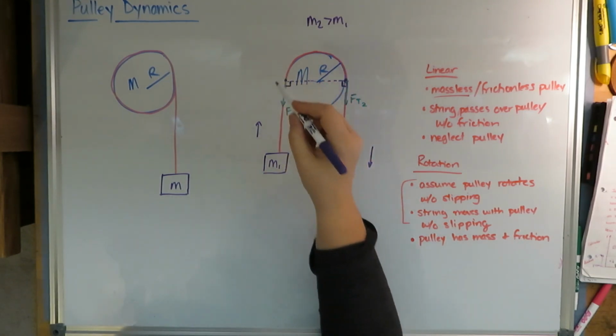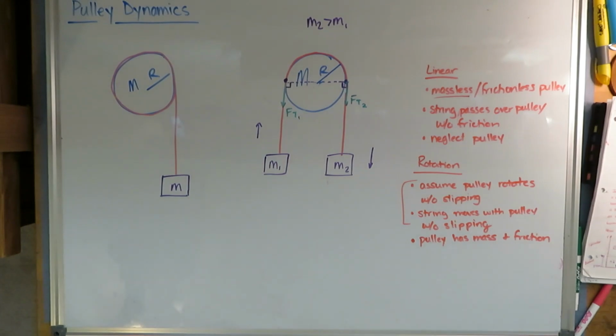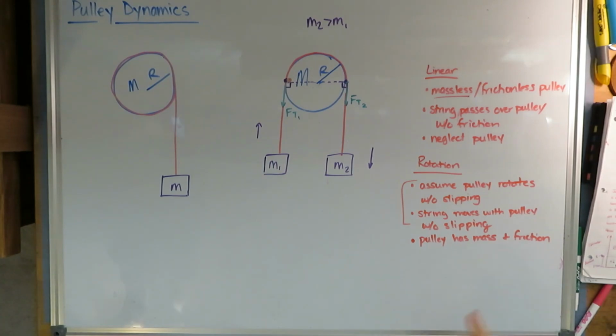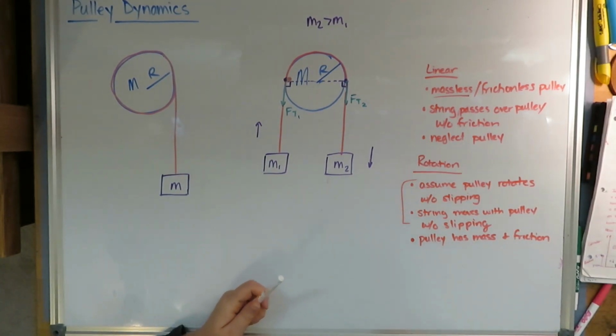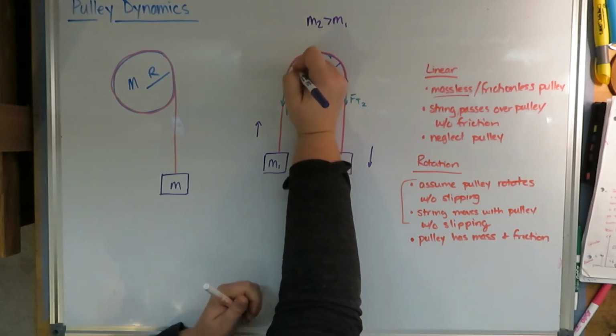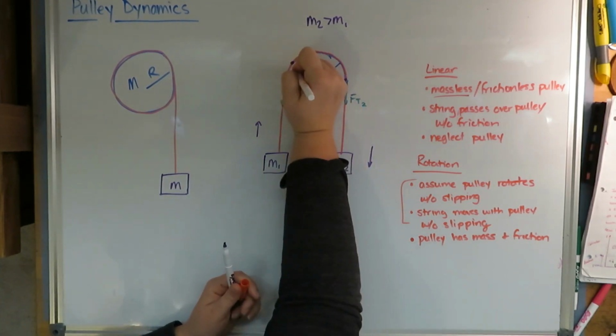So then what we assume is that this point on the string comes in contact with a corresponding point on the pulley itself. And to rotate without slipping means that those two points have the same speed, or the same acceleration.